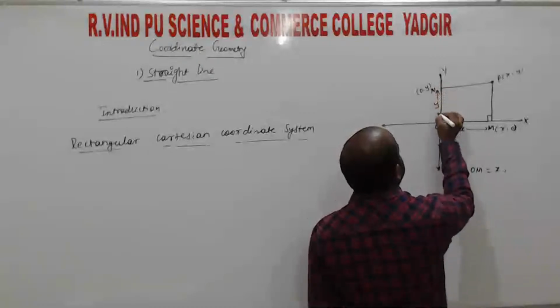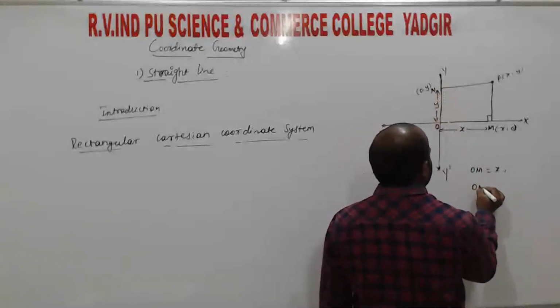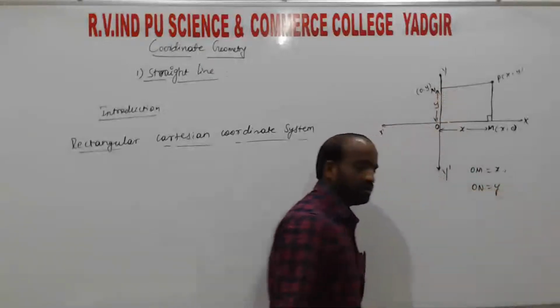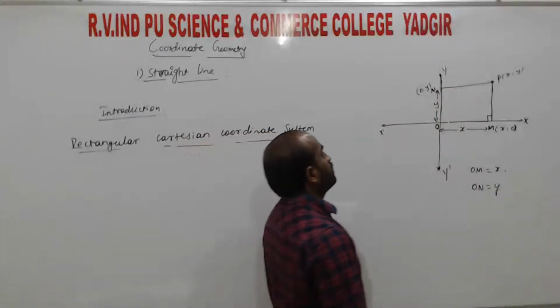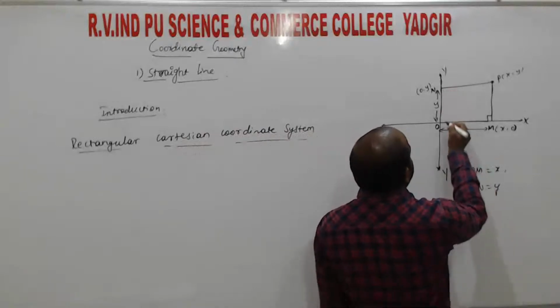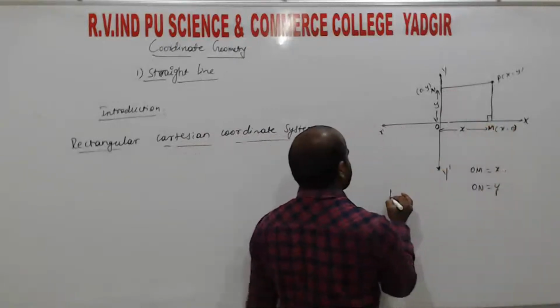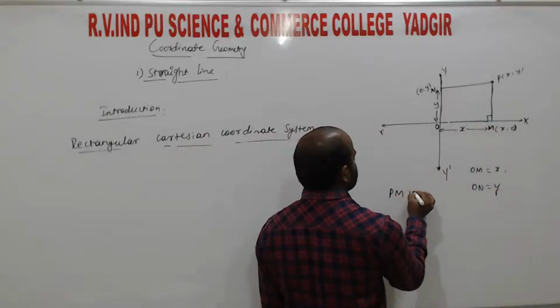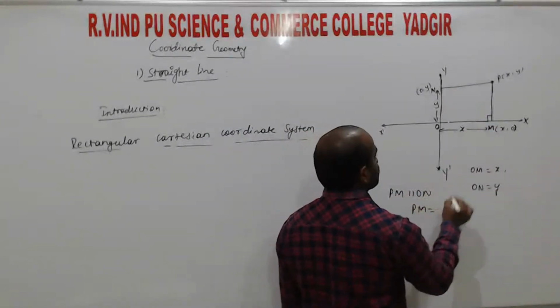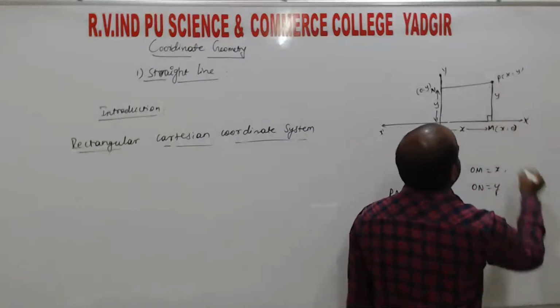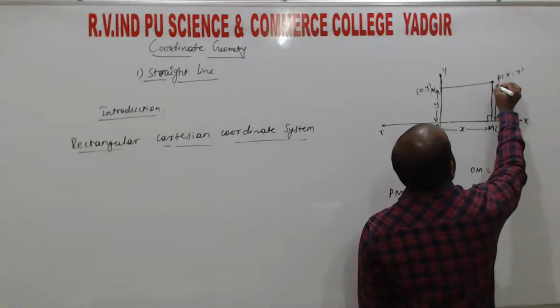ON is equal to y, which is the coordinate on the y-axis. Now, OM is parallel to PN, and PM is parallel to ON.